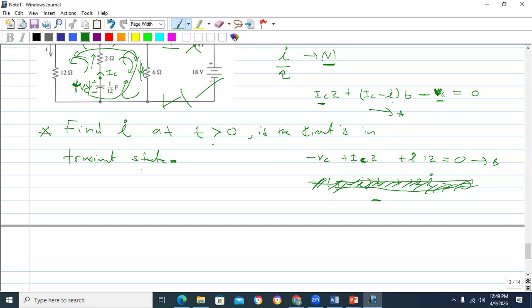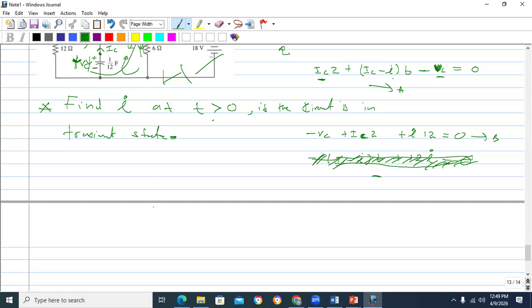So there is another equation that is related between VC and IC. What is that one? So you know that IC is the capacitor discharging current. So discharging current you can write it as IC. It is a discharging current, so it will be minus IC.